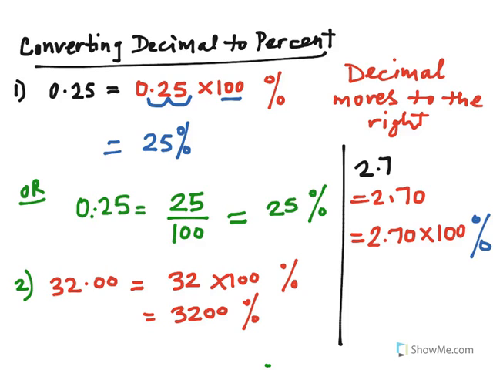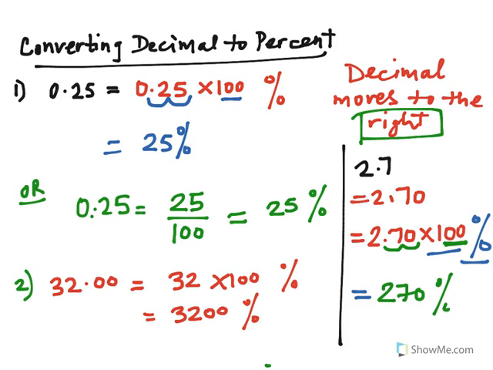When you're doing times 100, it's mandatory that you write down a percent sign. Now the next step: there are 2 zeros in this 100, so I have to move my decimal 2 units to the right. 1, 2. So that means 270%.